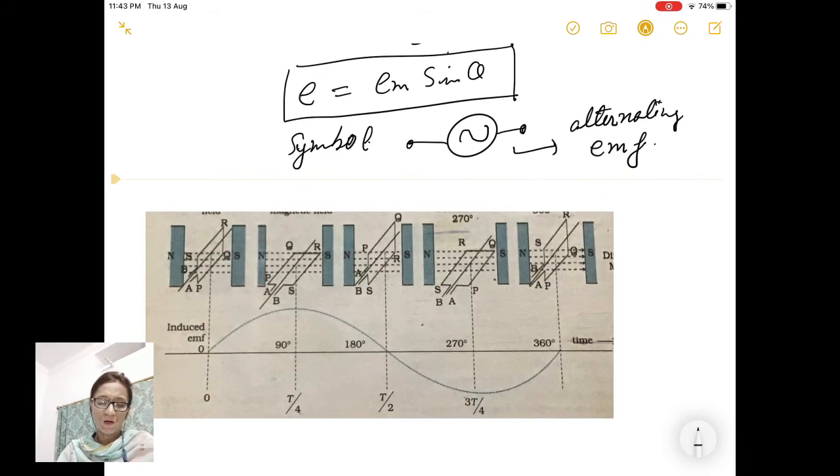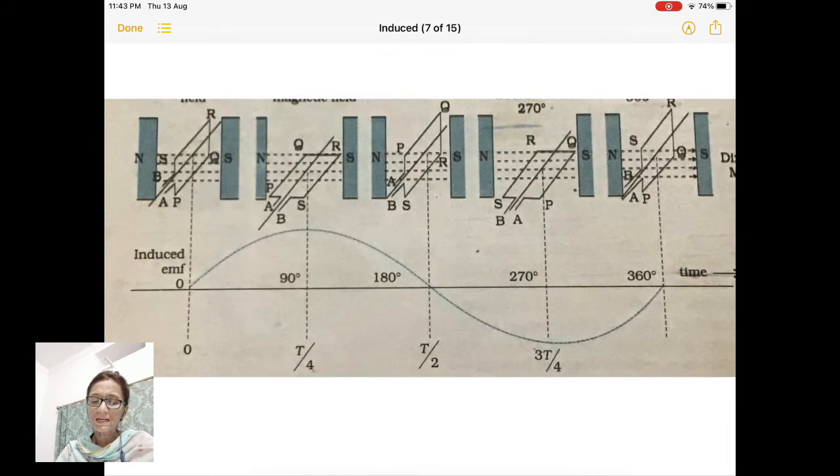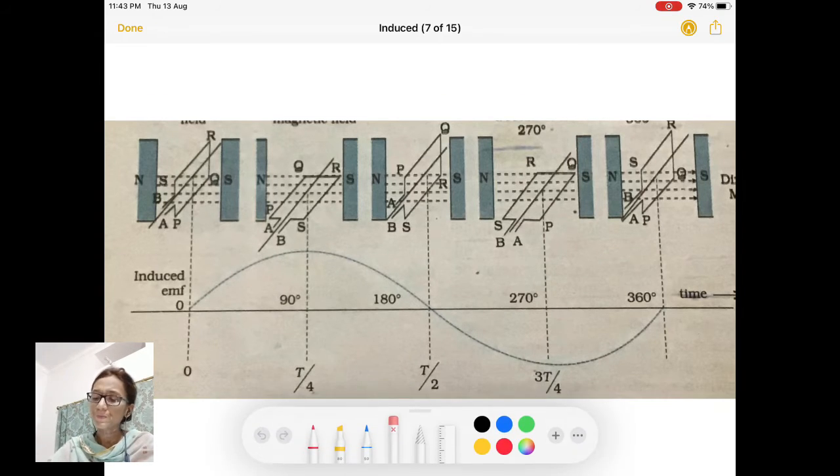Now if you try to draw a graph between alternating EMF and time period, here you have alternating EMF on y-axis and time period on x-axis. This is your time period. So EMF can be written in terms of E maximum sine theta. In one complete rotation, you will find that the rectangular coil has executed 360 degree.